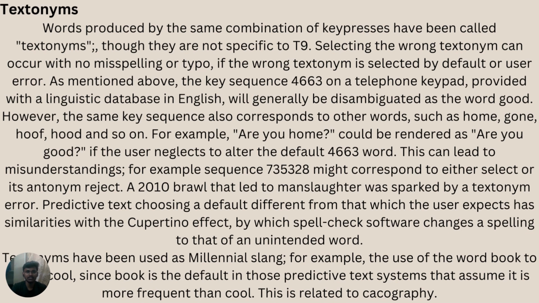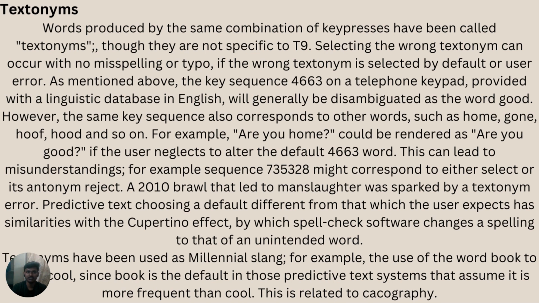However, the same key sequence also corresponds to other words such as home, gone, hood, hoof, and so on. For example, 'are you home' would be re-entered as 'are you good' if the user neglects to alter the default 4663 word. This can lead to misunderstanding.